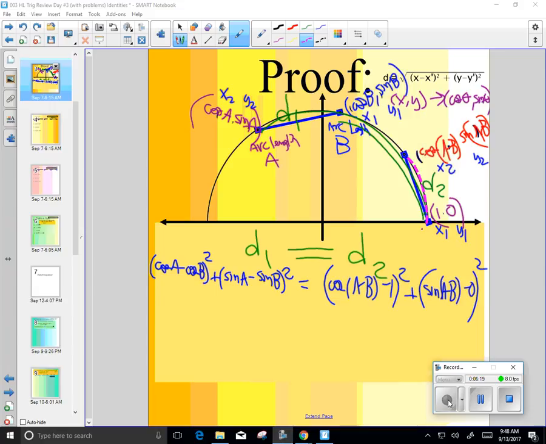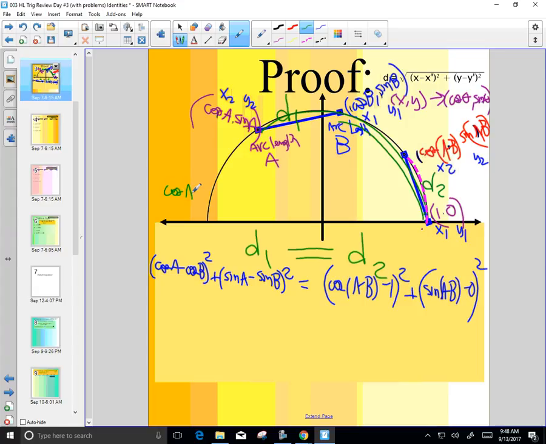All right, so now what we're going to do is expand this. So back in the old algebra days, you knew how to go cosine A minus cosine B times cosine A minus cosine B. You knew how to FOIL that out. These two, these two, these two, these two, right? So let's do it.